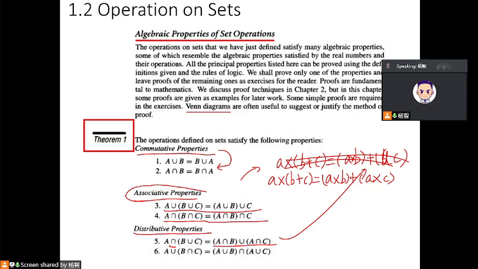It's very similar to this algebraic property. This is like the intersection. You can think of this as the union. Okay, this is the distributive property of the set.